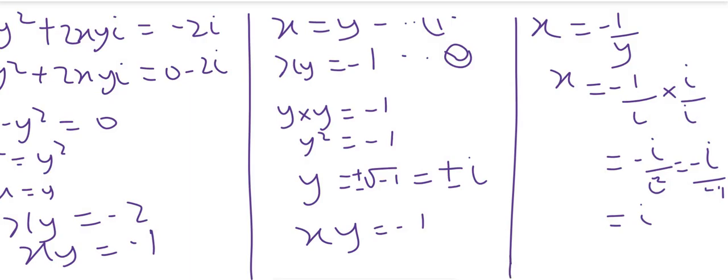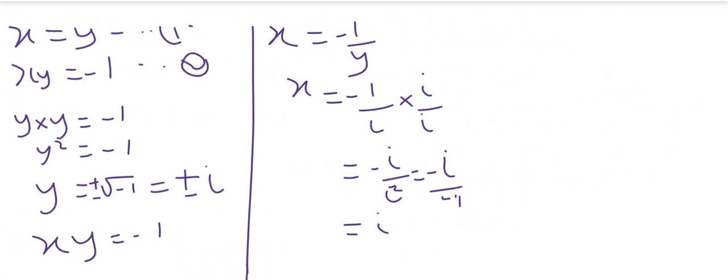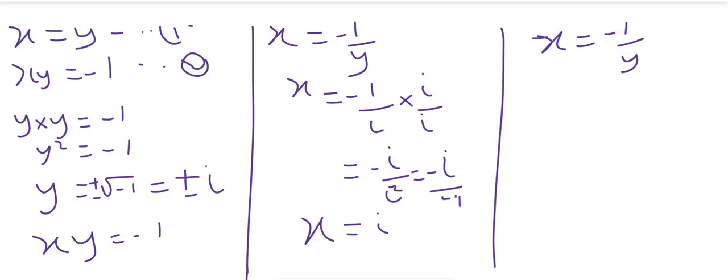Let's look at the other one in order to get the other answer. I need to substitute negative I into this. So x is equal to minus 1 over y, minus 1 over minus I. Rationalize with I over I: minus I over minus I squared.